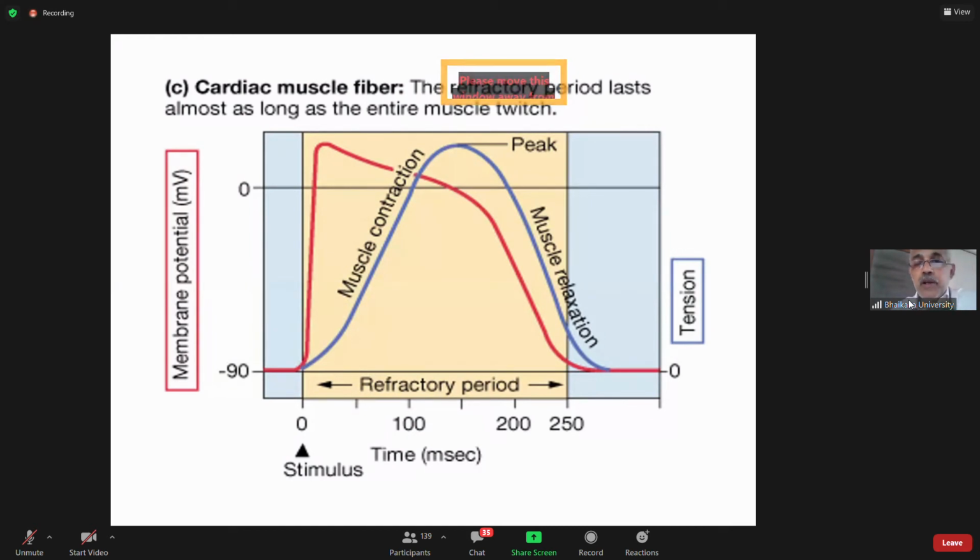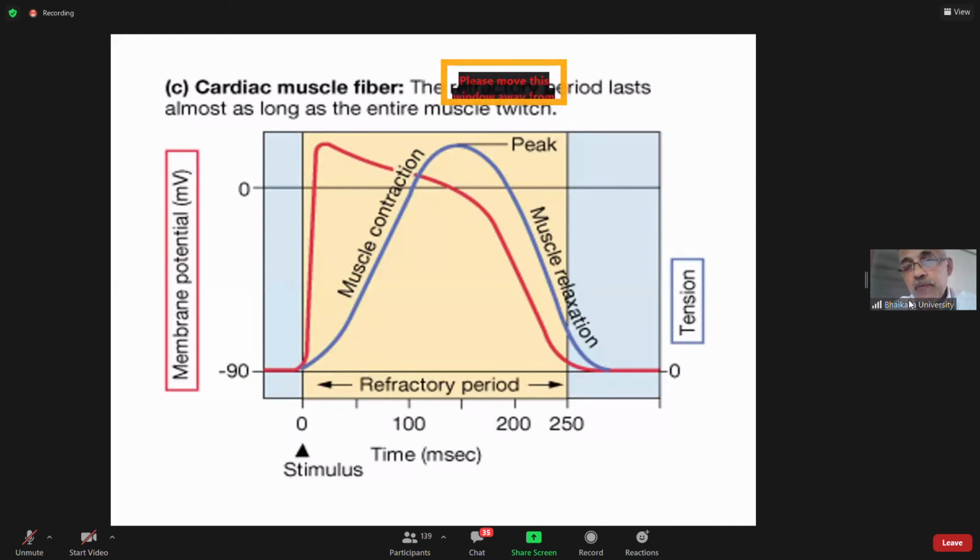Absolute refractory period means that you cannot have the next action potential during that period. If repeated stimulations are occurring, during this period you cannot have a second action potential. You can have a second action potential only in the relative refractory period or after the action potential has been completed.